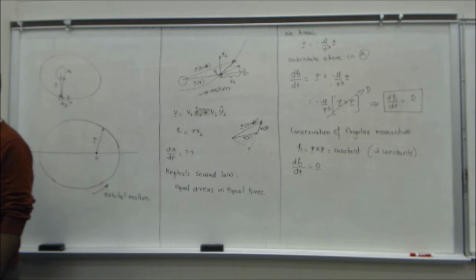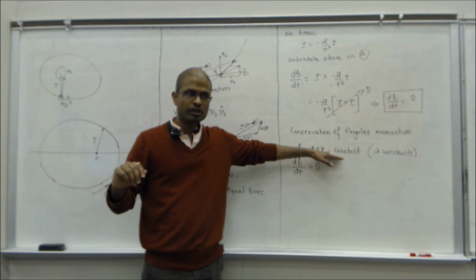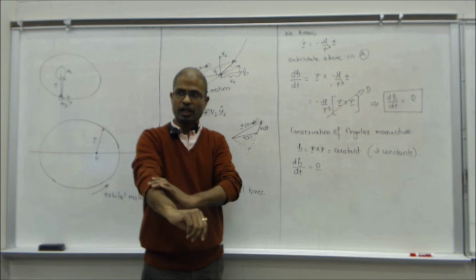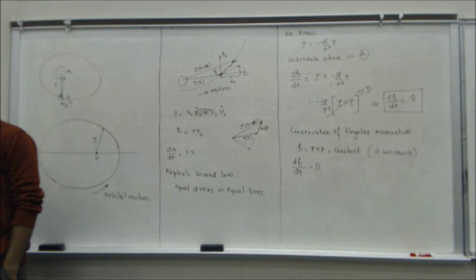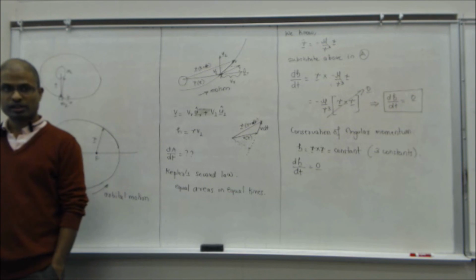So to cover for that extra base, it has to move much faster here when it is closer. And this and this actually mean the same thing. That angular momentum is conserved and planets sweep out equal areas in equal times is the same thing. And we'll see why it is the same thing in the next class.